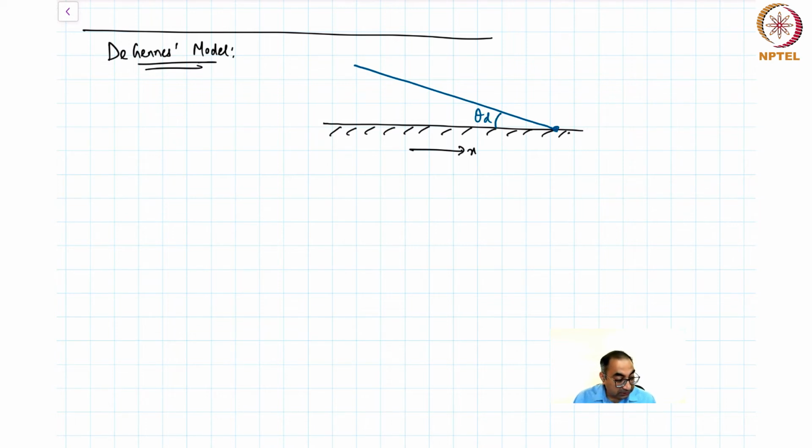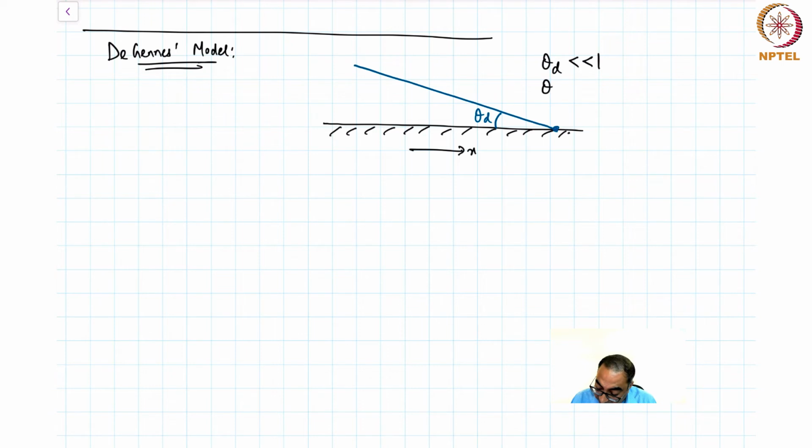That's the angle that the interface makes with the wall. This is basically the dynamic contact angle. Now, we can further suppose that theta d is very, very small. So this is a special case in which we are analyzing this model.